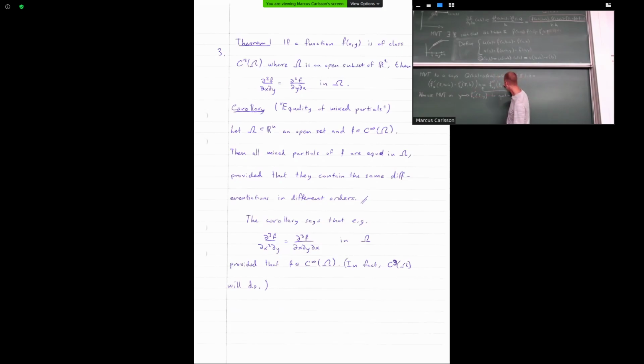So now I get some number eta here, and I get times a k, and I already have from before times a h. Yes? Where now eta is a number between b and b plus k.